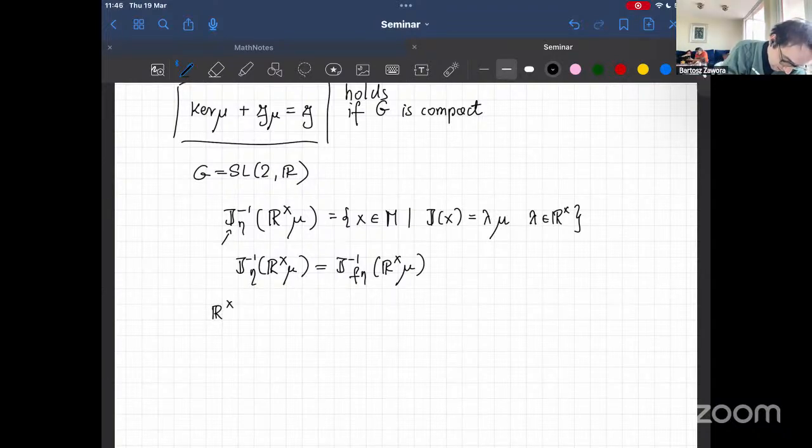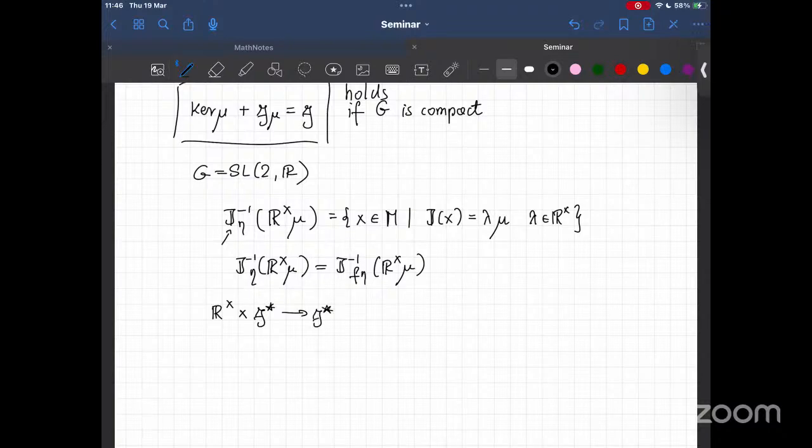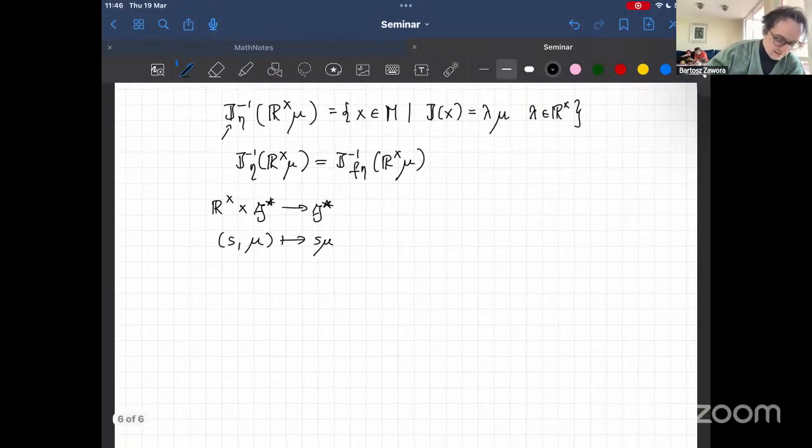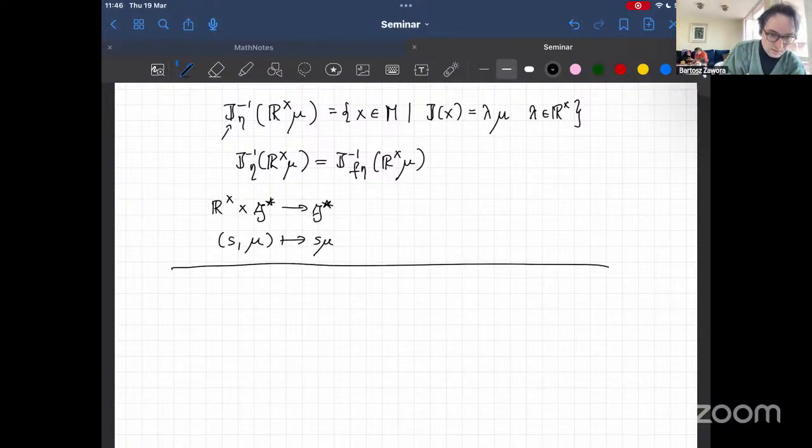Actually, one can think of it: we have an action on g star, mu goes to s mu. So he takes the pre-image of this orbit for fixed mu. So this is how he generalized the contact reduction to the coorientable case, where the reduced manifold doesn't depend on the choice of the contact form within its conformal class.